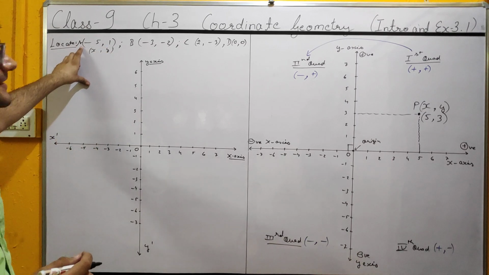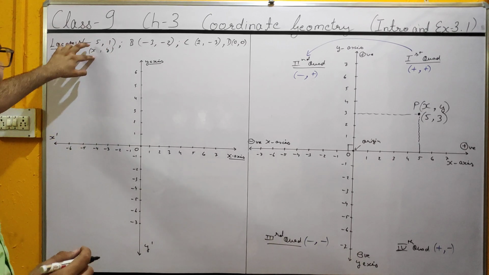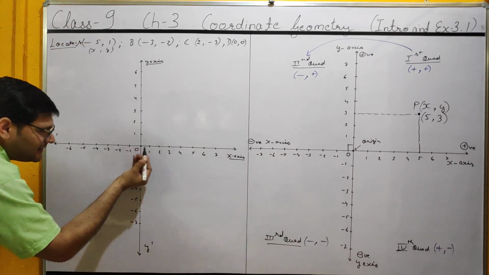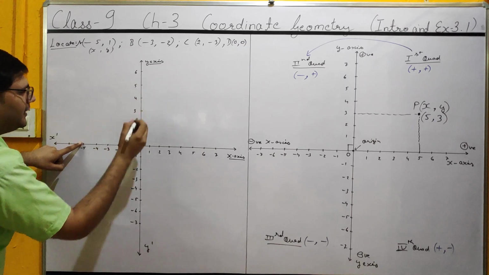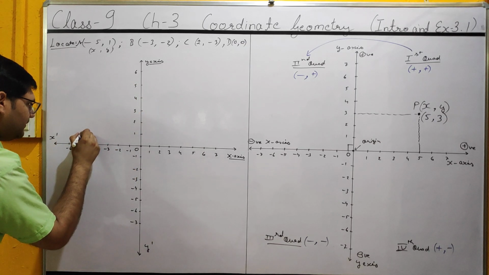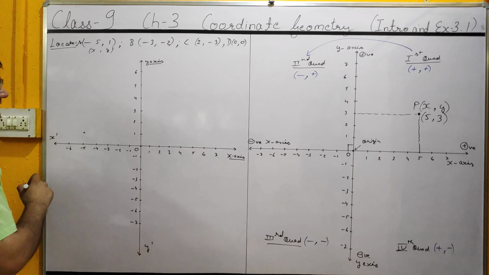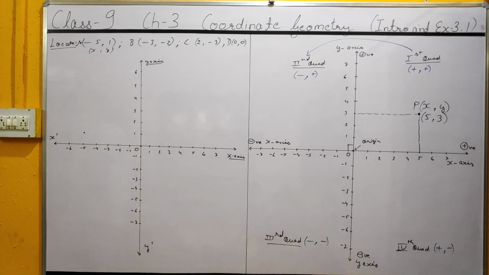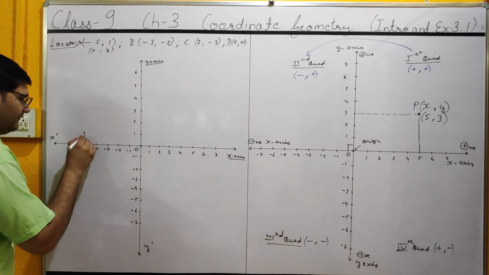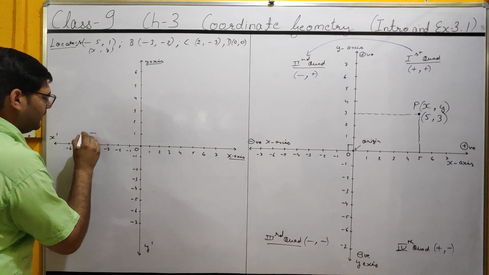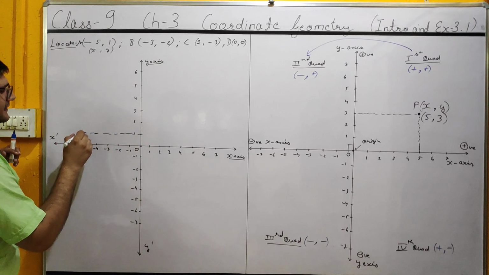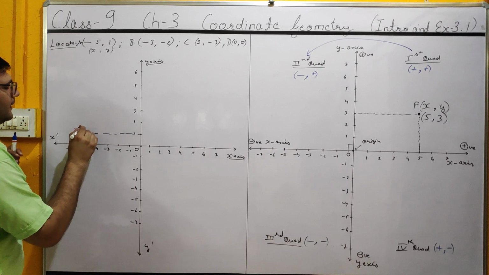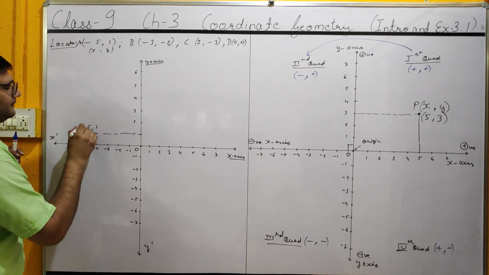Means x is minus 5 and y is 1. See, minus 5 will come here and 1 will come here for y. So clearly this is our point A, minus 5, 1.